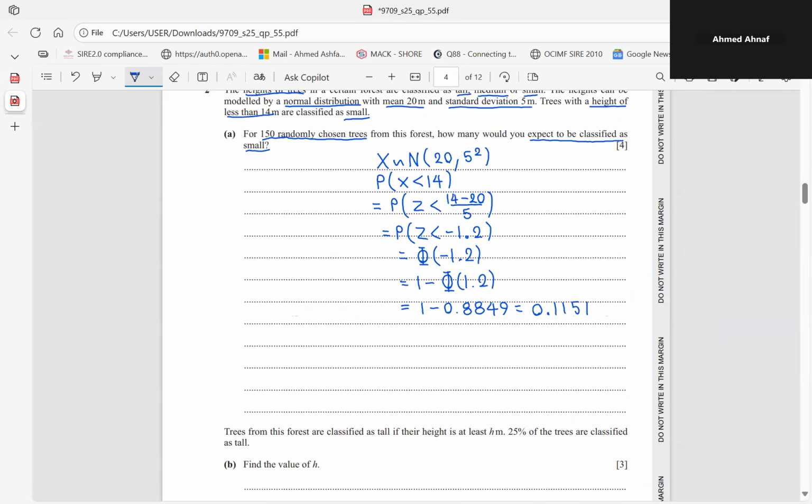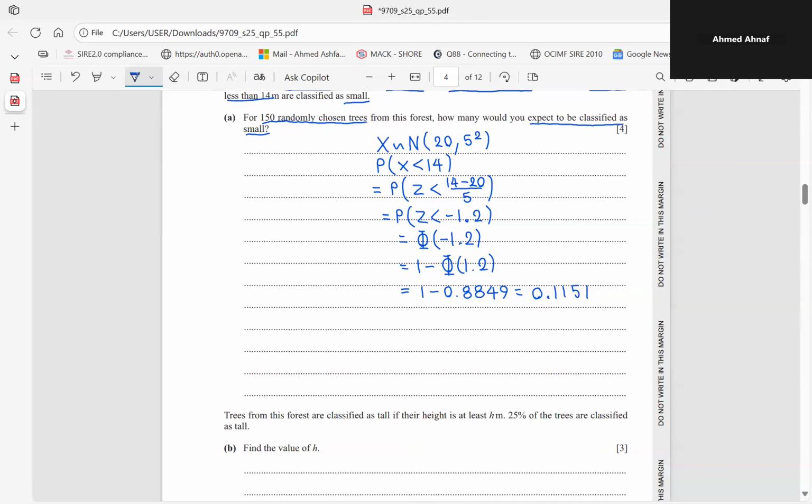And to find the number of trees, you just multiply by 150. So doing this will give you 17.265. And since we're counting the number of trees we expect, we should round it off to the nearest whole number, either 17 or 18. So I'm going to go with 17.